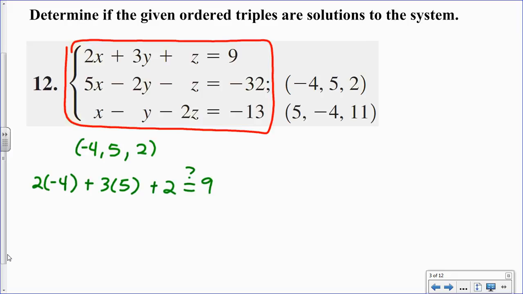So all we're doing is just typing that in. Does that equal 9? Yes. Okay, check the next one. So 5 times negative 4 minus 2 times 5 minus 2.